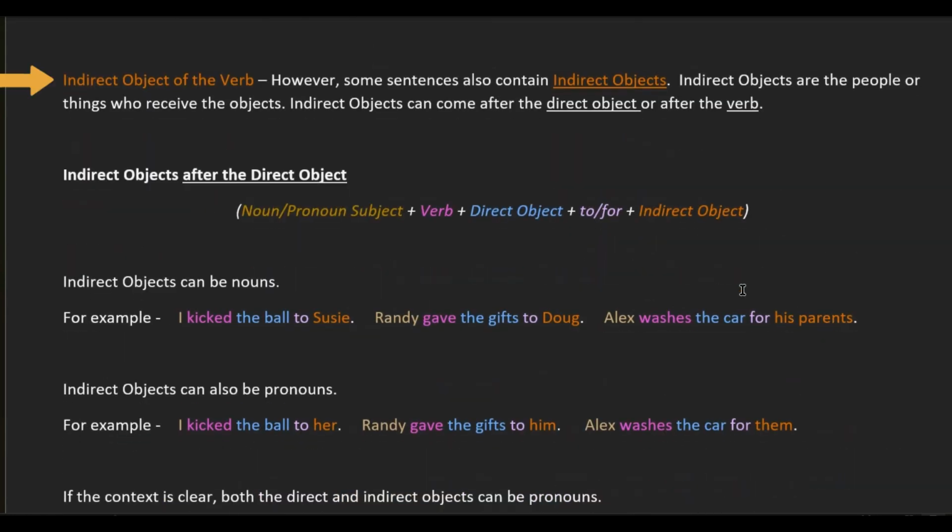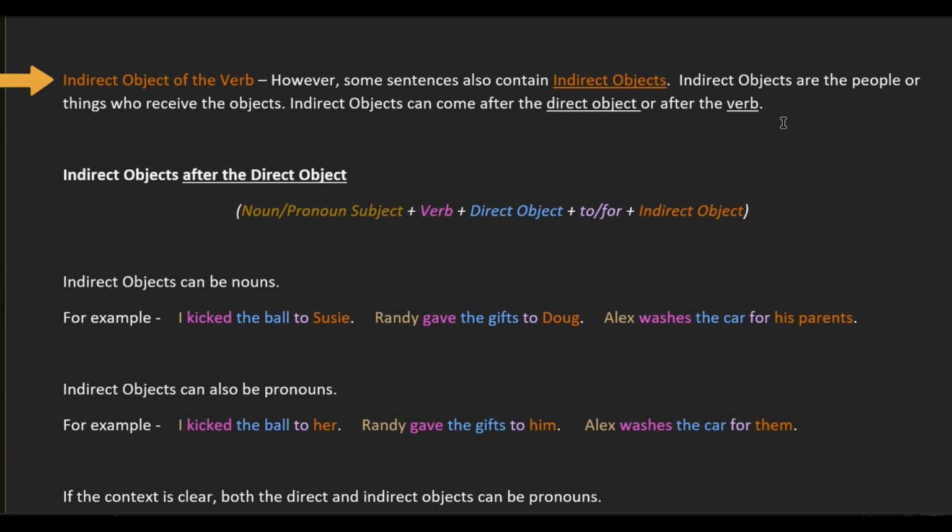Another kind of object that we frequently use in sentences are indirect objects. Not all sentences have indirect objects. Not all sentences have objects, but some do. So indirect objects are the people or things who receive the object, and they can come after the direct object or after the verb.